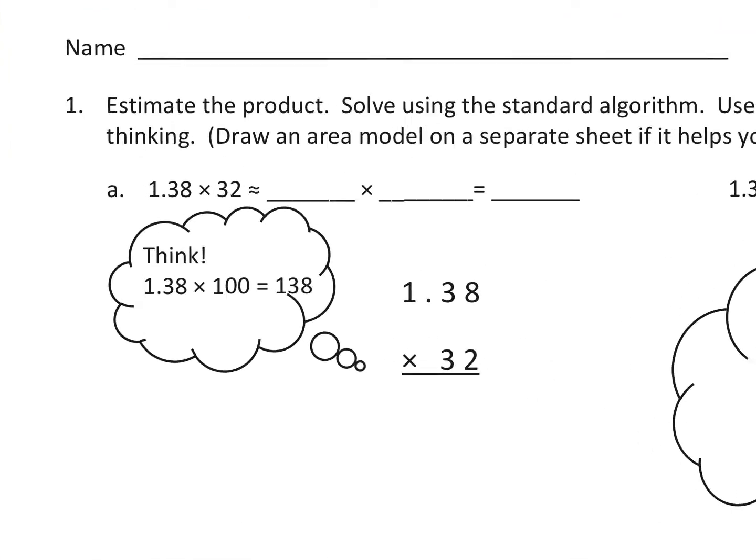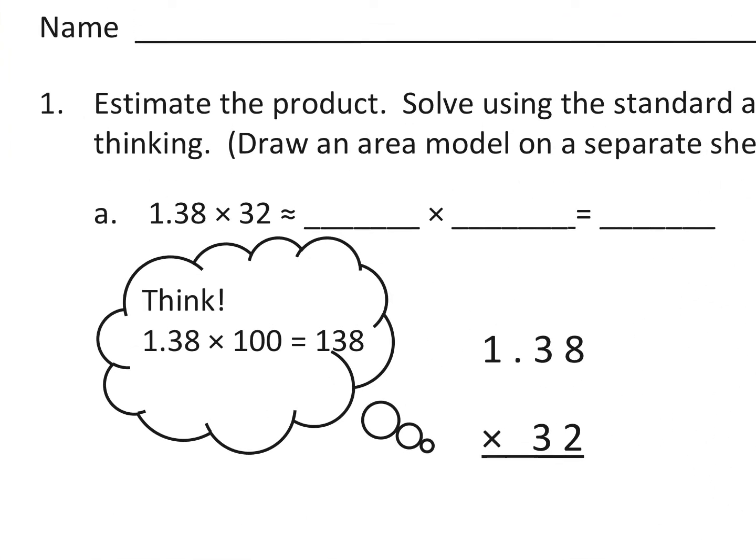Let's zoom in real quick and do this estimation part first. So 1 and 38 hundredths times 32, we'd see that 1, underline the number, look next door, 5 or greater, add 1 more. 4 or less, let it rest. So 1 and 38 hundredths is going to become 1, right?